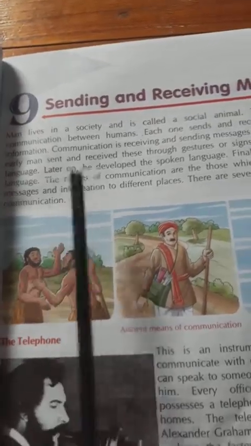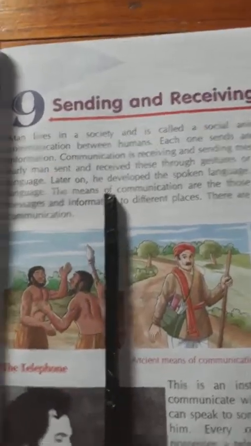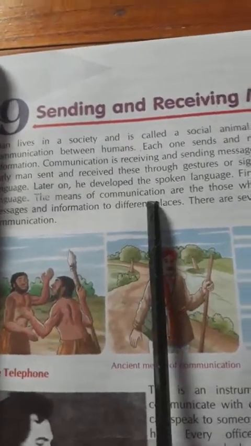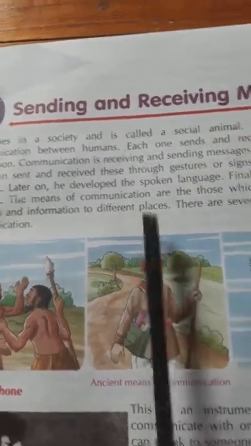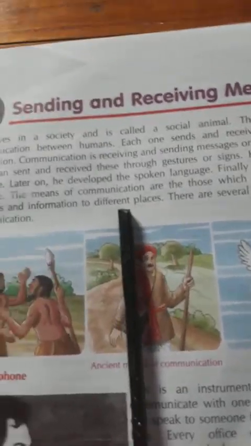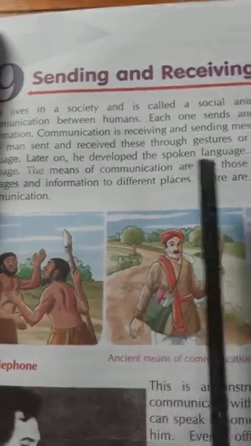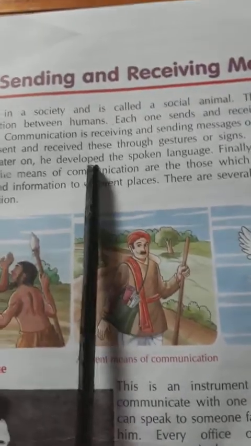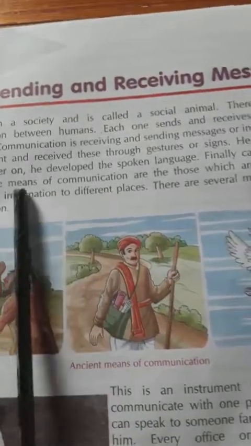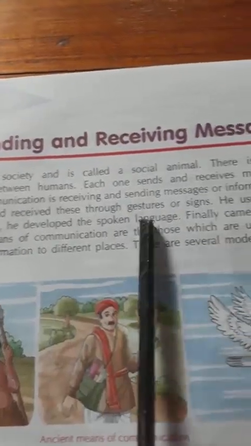Okay, so here it says that we live in a society and through that there is a constant communication between the people, okay? And in order to communicate, what are those that help us? It is receiving or sending messages to one another. Before, in the beginning, the early men used to receive and send messages through gesture or sign.